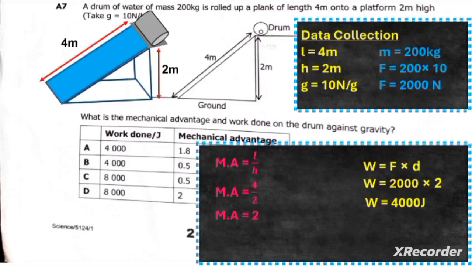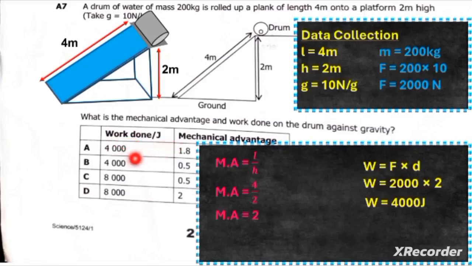So here, I think there was a mistake when setting this question. Yes, we have the work done, which is 4000, but the mechanical advantage, the 2 which is here, is not matching with the work done.